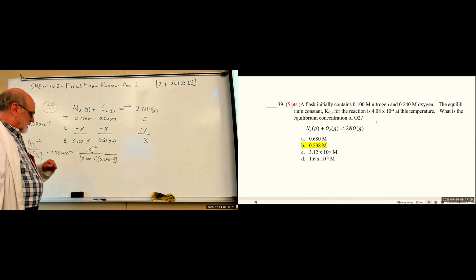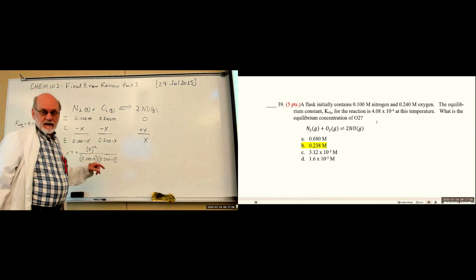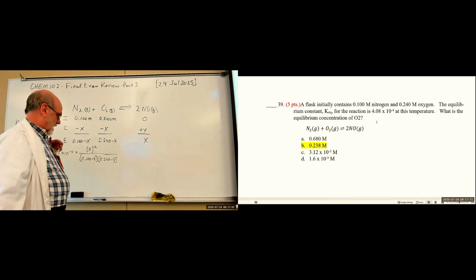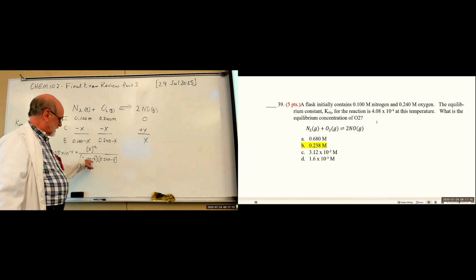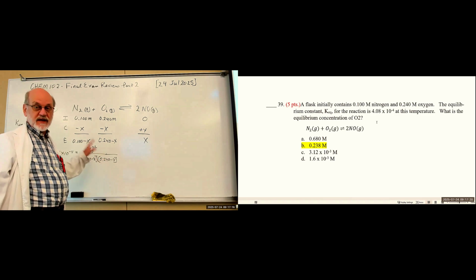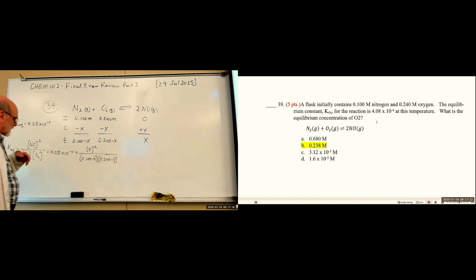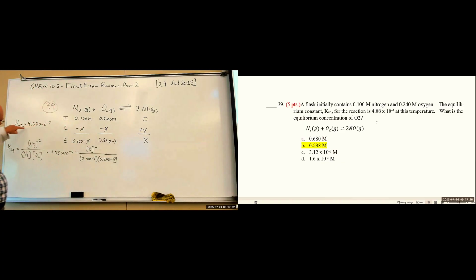All right. So what we're going to get out of this is a quadratic. The question is, can we logically reduce these values to nothing, to 0, to discount them? Well, let's see. How much of this are we going to get if this equilibrium constant is 10 to the minus 4?